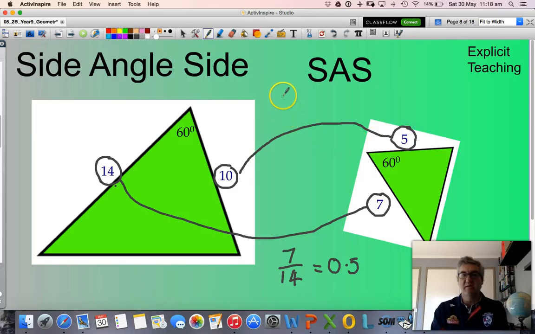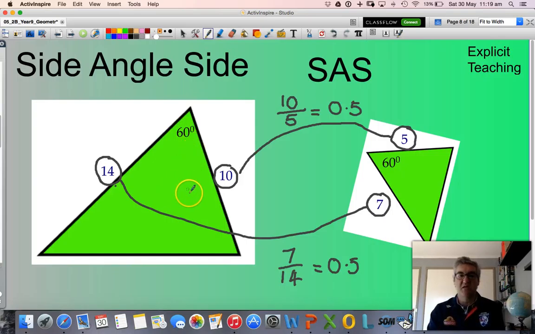So in other words, 10 divided by 5 also equals 0.5. So I can say, yes, I have multiplied each of these sides by the same scale factor, the same ratio, which is 0.5. So the side lengths are proportional and the included angle is the same. So yes, I can say that that triangle and that triangle are indeed similar.